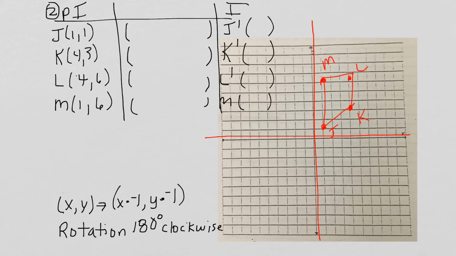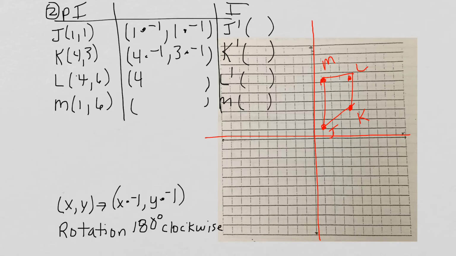All right, now we're going to do a 180-degree clockwise rotation. For this particular one, we're going to take the x, multiply it by -1. We're going to take the y and multiply it by -1. We don't have to switch the coordinates. So this is going to be 1 times -1, comma, 1 times -1. And then we're going to do 4 times -1, comma, 3 times -1.